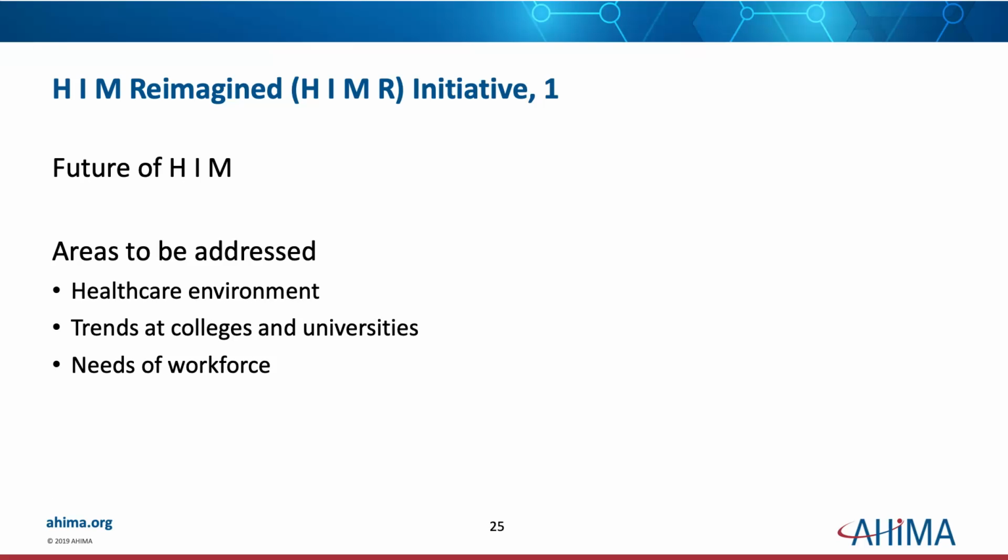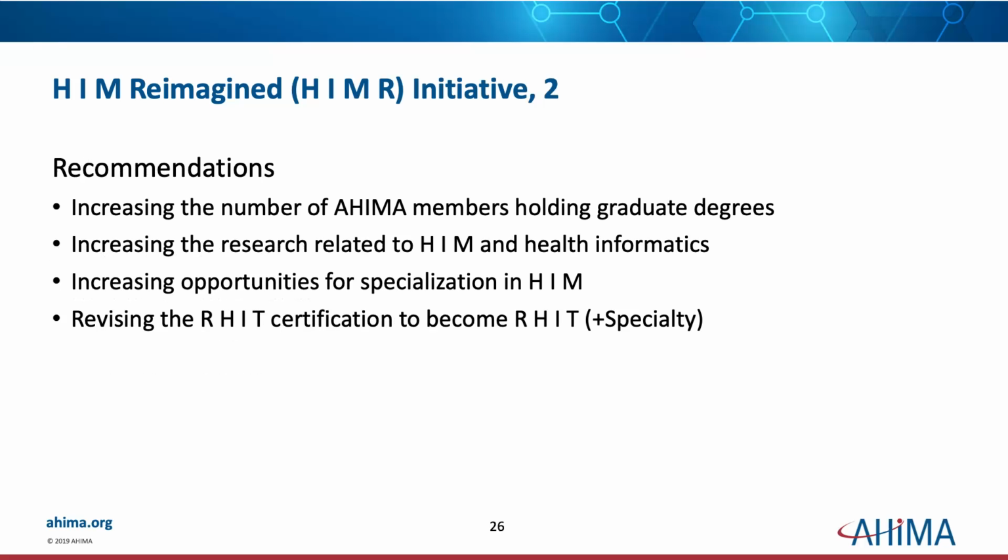But what you need to know is that they are looking, the areas that they want to address are healthcare environments, trends at colleges and universities, and needs of the workforce. They're recommending increasing the number of AHIMA members holding graduate degrees, increasing the research related to HIM and health informatics, increasing opportunities for specialization in HIM, and revising the HIT certification to become RHIT plus specialty.